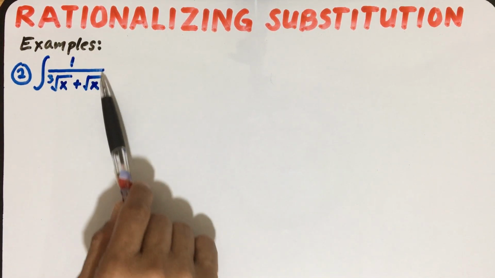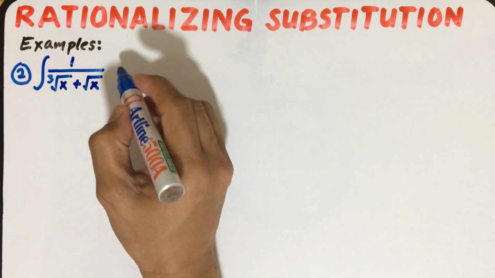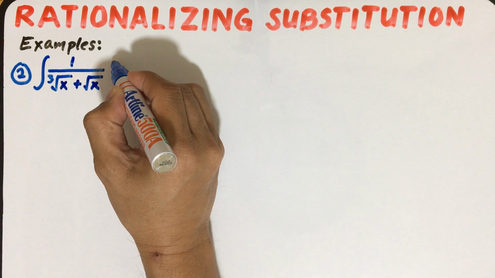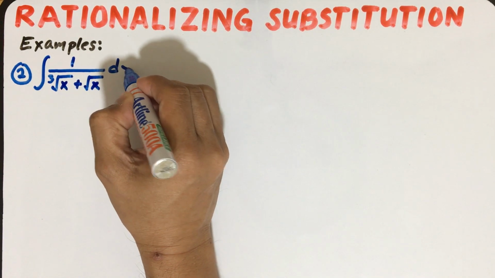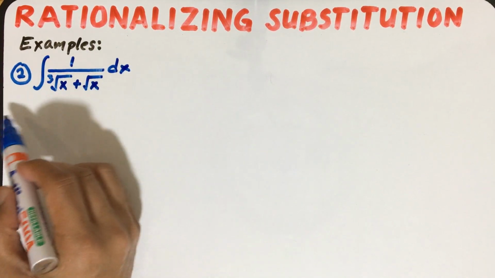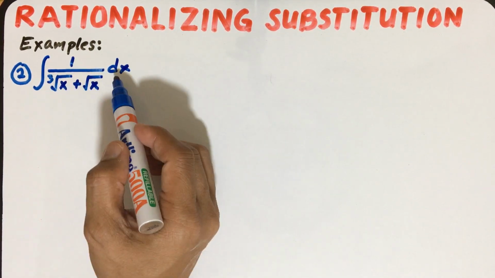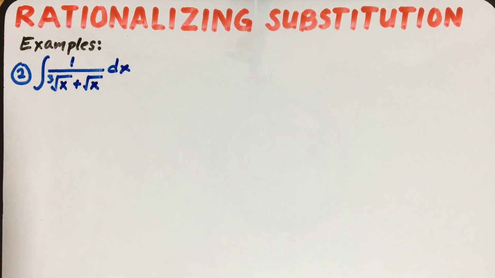So this expression here is an irrational fraction. By the way, we have here dx. To make this integrable, we should have a dx here. I forgot to write the dx.